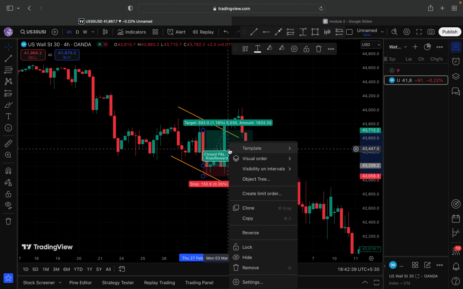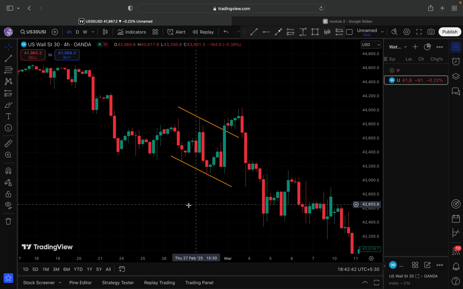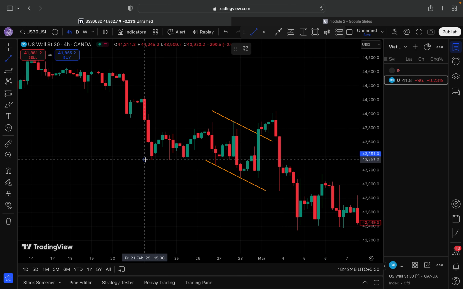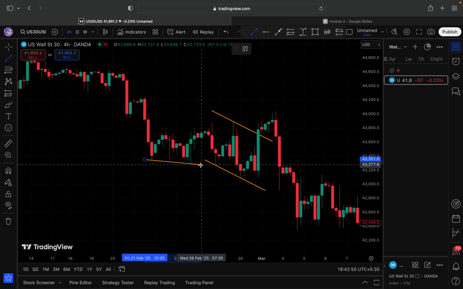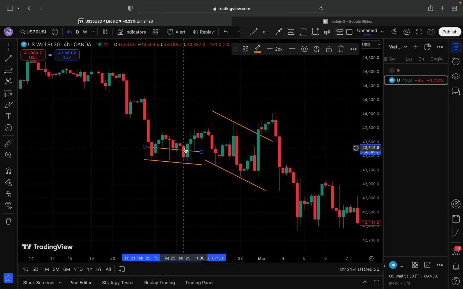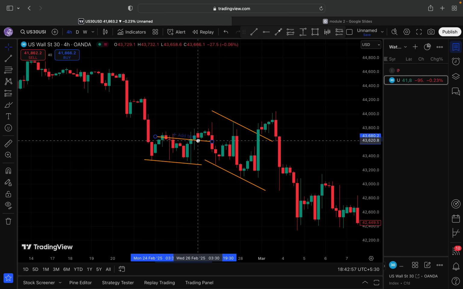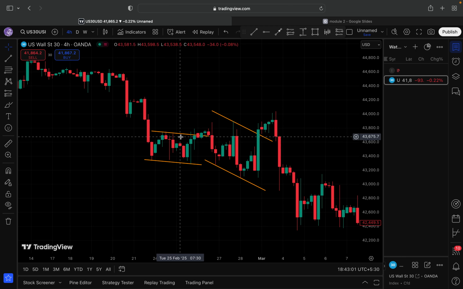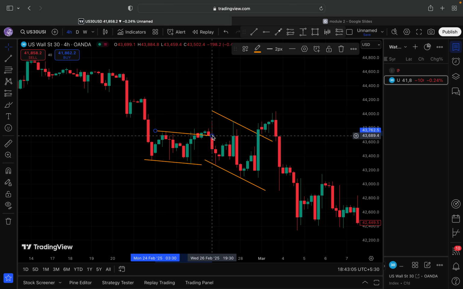So let us check out the next type of double bottom we are going to see here, which is this. This was a double bottom trade. Most of the time, the double bottom is usually parallel, from my observation.